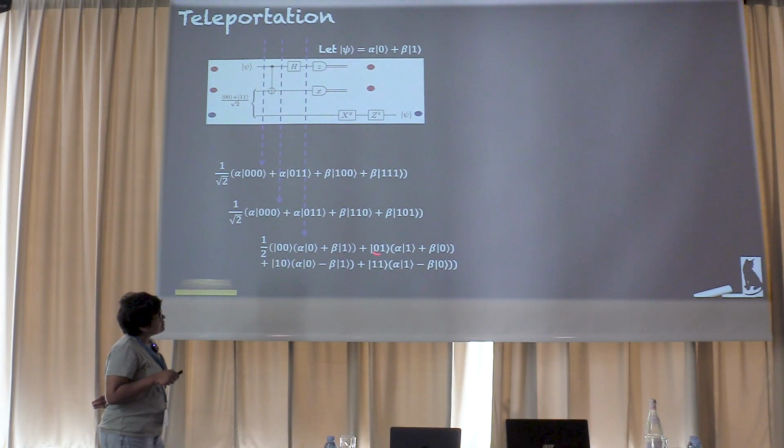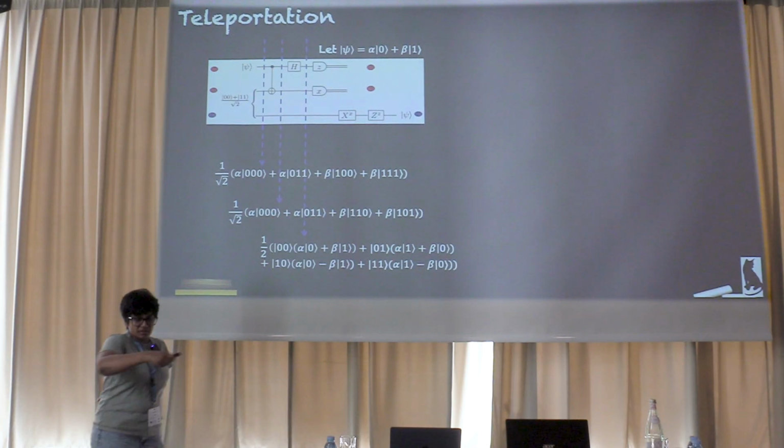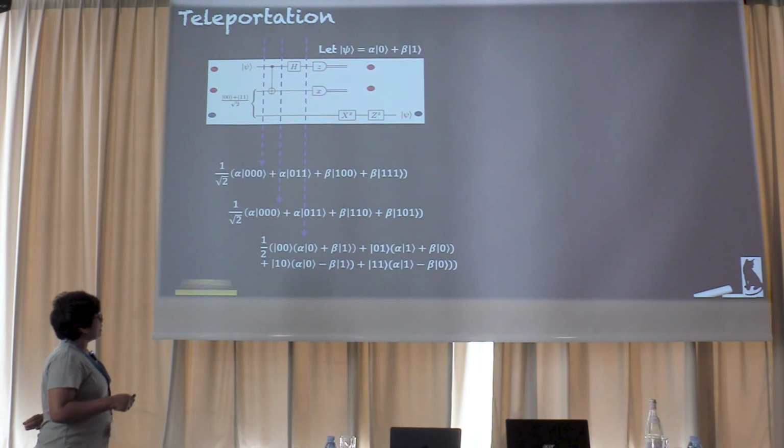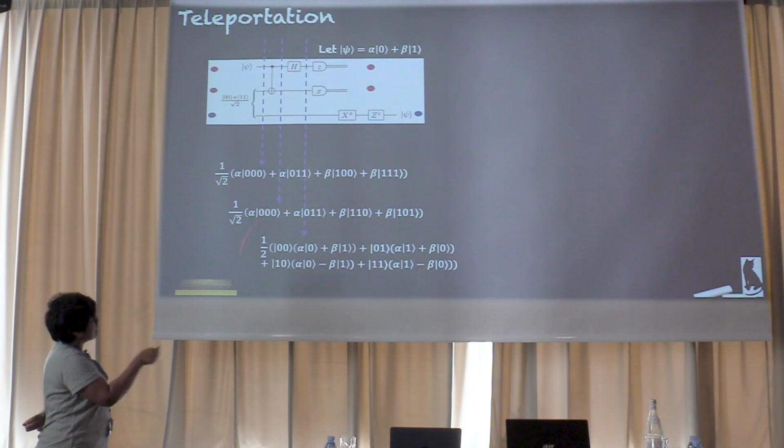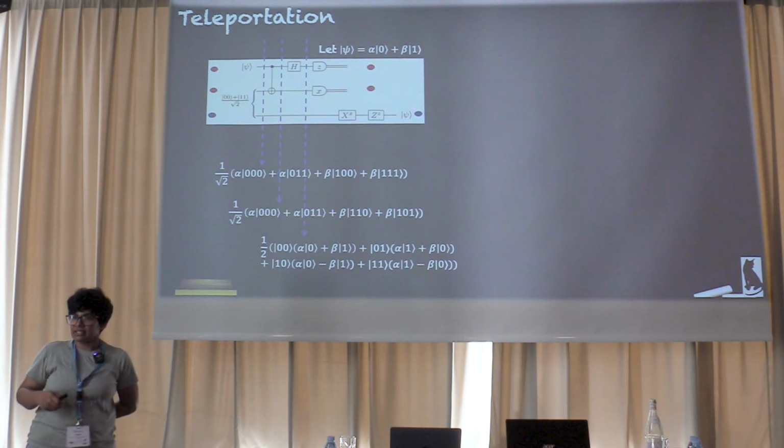If the measurement outcome was this, then the state that Bob would have is this, alpha times 1 plus beta times 0. Similarly, if Alice were to measure and get this as the outcome, Bob would have this. And if Alice were to get this as the outcome, then Bob has this. This is just the mathematical, okay, I mean, the state is the same, but I'm interpreting it mathematically.